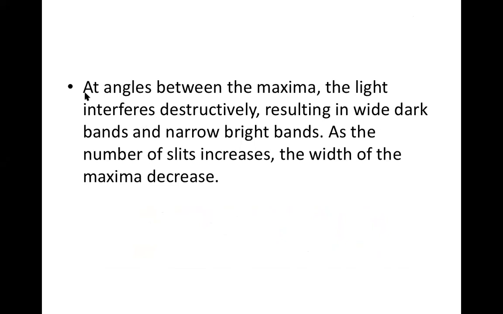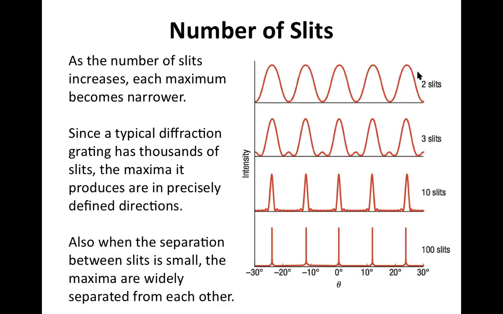So the number of slits. At angles between maxima, the light interferes destructively, resulting in a wide dark band and narrow bright bands with a diffraction grating. And as the number of slits increases, the maximum becomes narrower, as in this diagram.